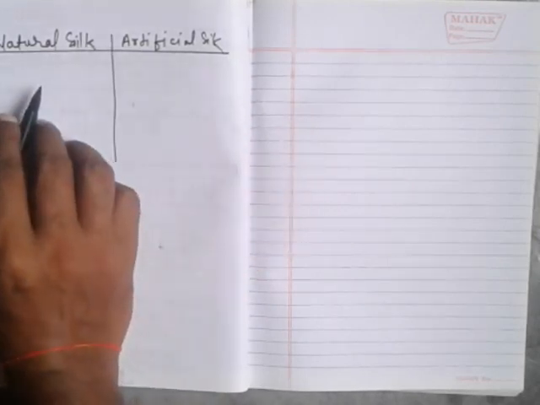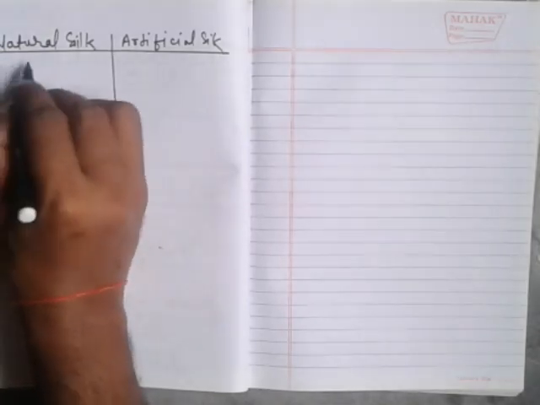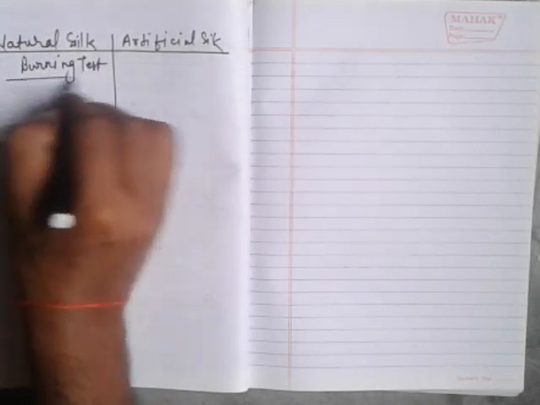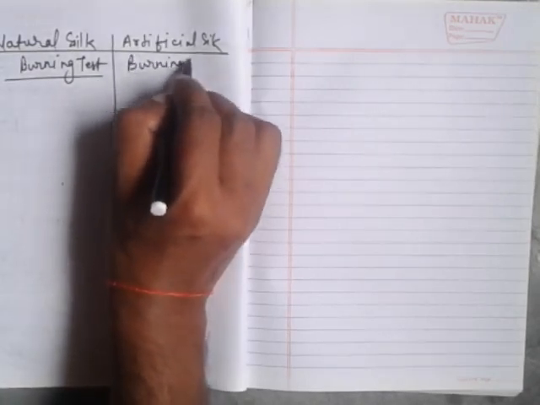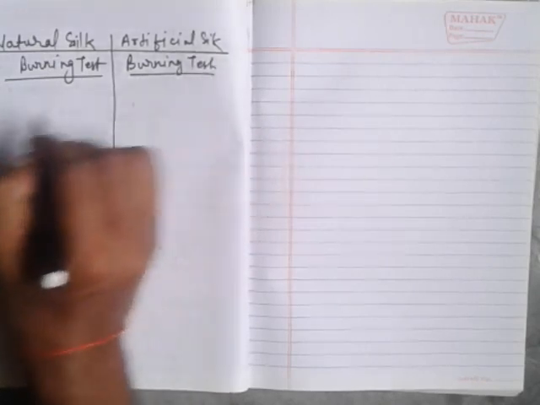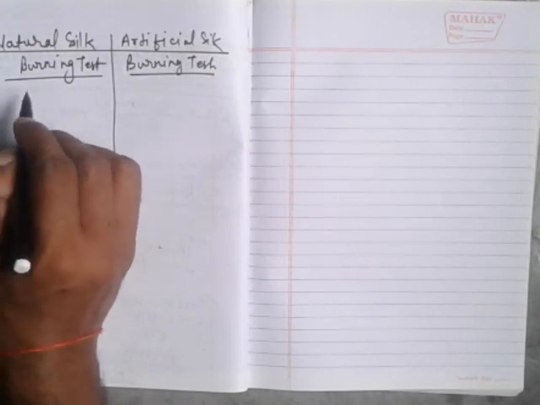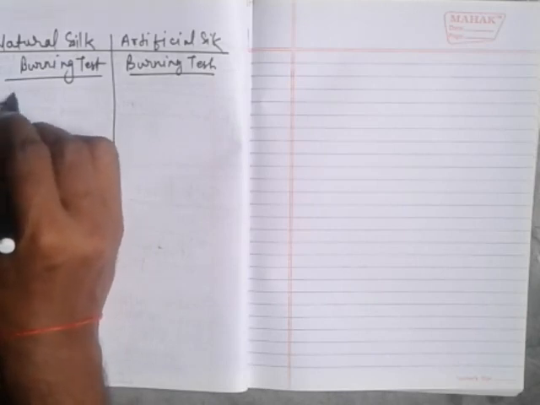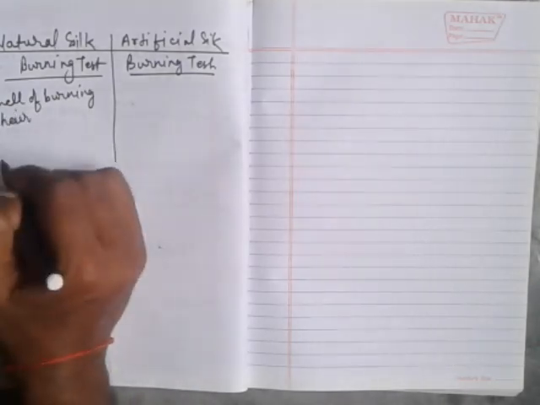It can be done by performing a burning test. We can distinguish between an artificial silk and a natural silk by performing the burning test. When we burn the natural silk, it produces a smell of burning hair.